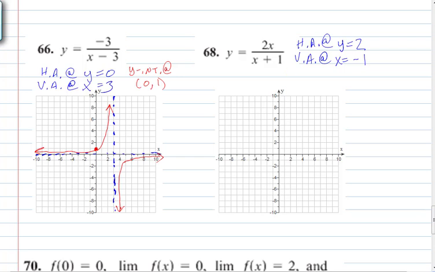We have an intercept at the origin. So right here we know we're going to have a point. Our asymptotes are going to be at y equals 2. There's y equals 2. And at x equals negative 1. Okay? So, as we approach this asymptote from the right-hand side, is this going to go off to positive infinity or negative infinity?